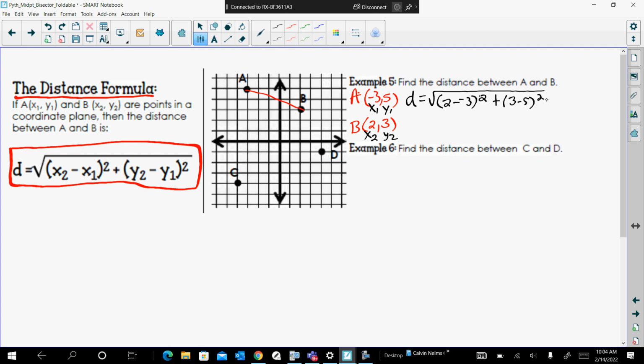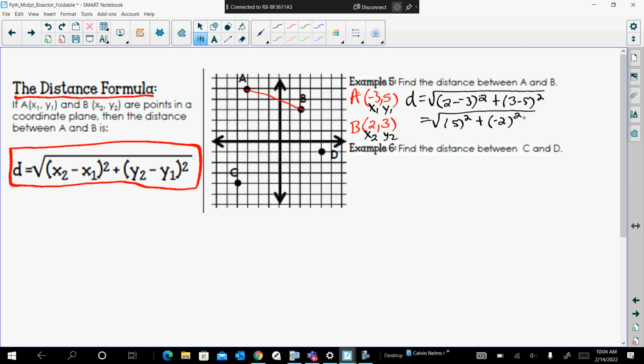You have to do the operation inside the parentheses first. So when I simplify this underneath the radical, this comes out to be 5 inside the parentheses and square it, plus for the next grouping, this becomes a -2 inside the parentheses and square it.